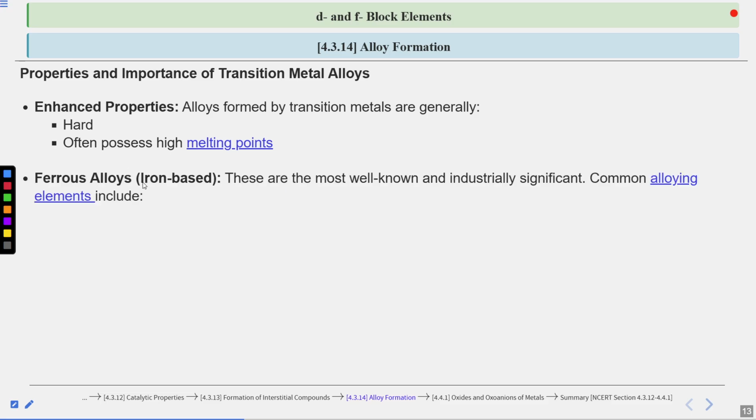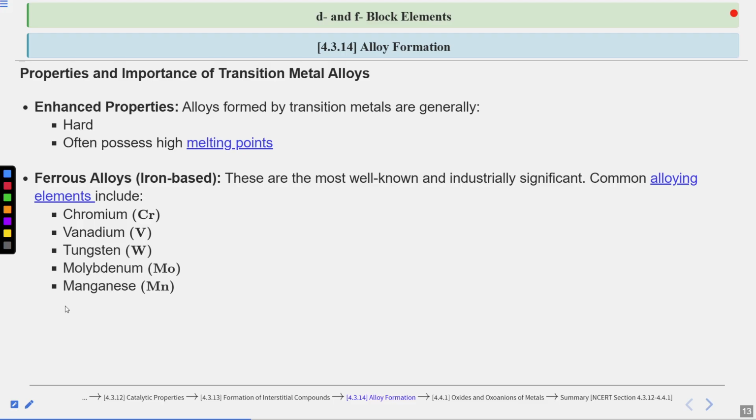Ferrous alloys, that is iron based alloys, are the most well known and industrially significant alloys. Common alloying elements are chromium, vanadium, tungsten, molybdenum, and manganese.